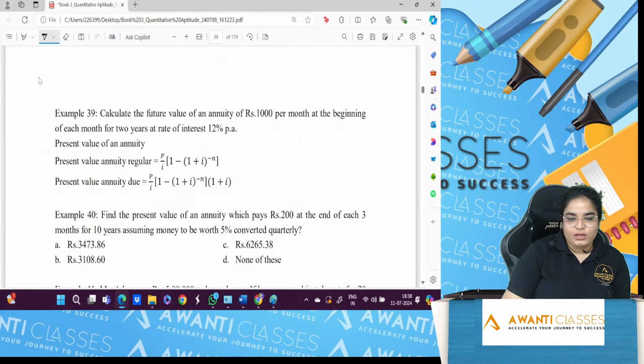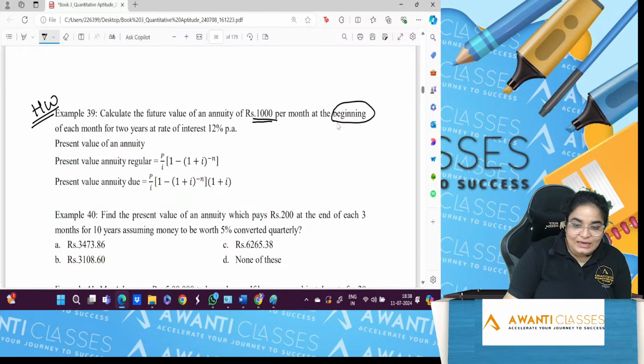In this way, can we do example number 39 for homework today? What does it say? It says calculate the future value of an annuity of 1000 rupees per month at the beginning of each month. So this is annuity due, not annuity regular.